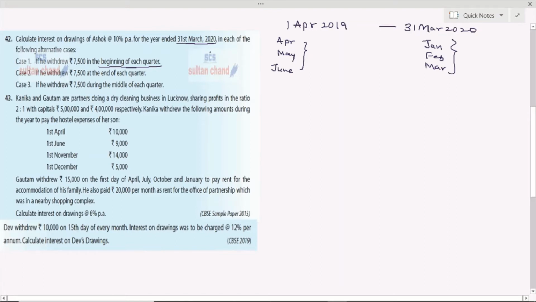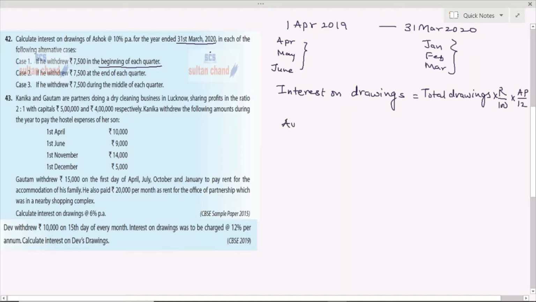If you remember the formula, students, the interest on drawings will be equal to total drawings multiplied by rate by 100 multiplied by average period upon 12.